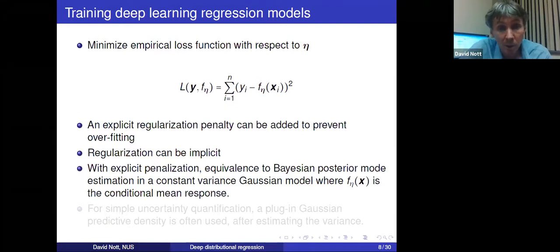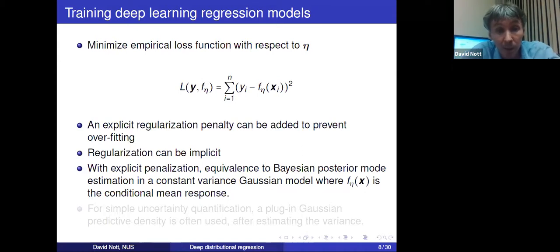Now, if I had, say, a squared error empirical loss, and I had an appropriate explicit penalty, you could think of minimizing the penalized empirical loss as being equivalent to Bayesian posterior mode estimation in a constant variance Gaussian model. Of course, the minimization of the empirical loss has a justification that goes beyond a certain parametric model.